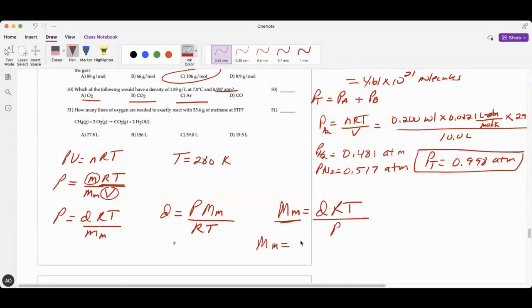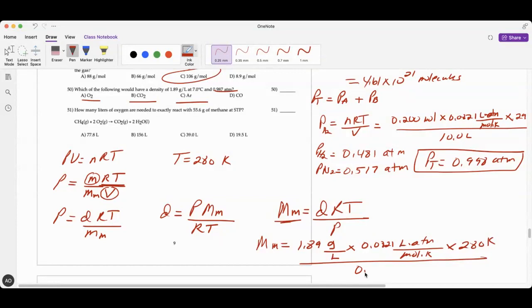So the molar mass: the density is 1.89 grams per liter times R, 0.0821 liters atmospheres per mole Kelvin, times 280 Kelvin divided by 0.987 atmospheres. Yeah, this is very good.